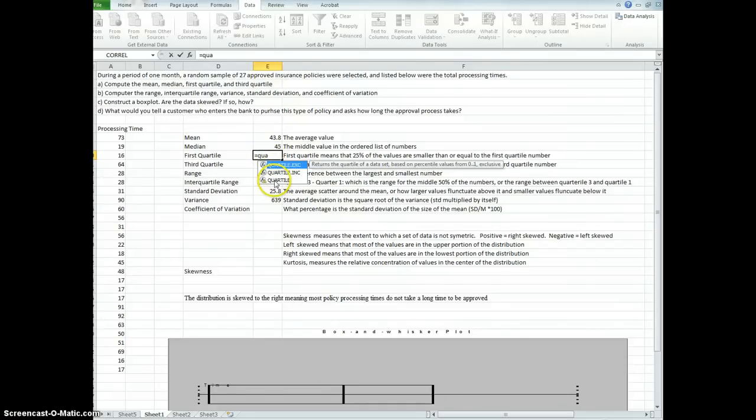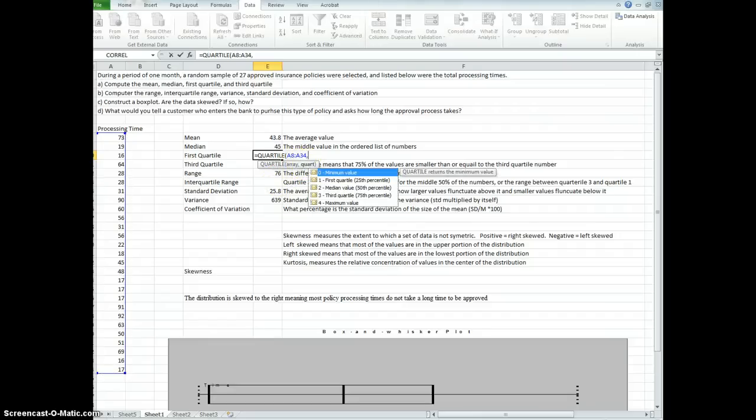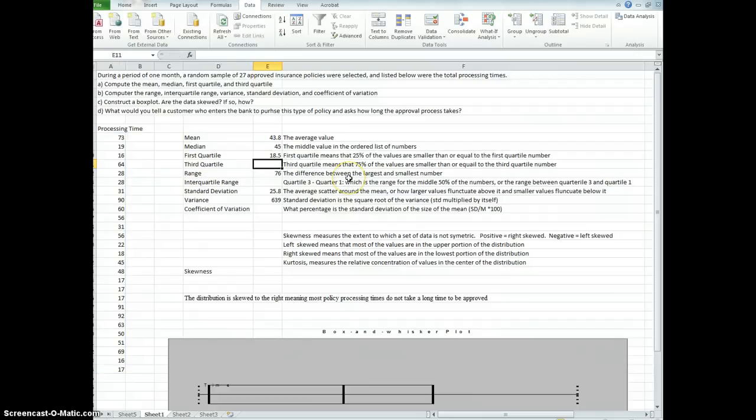Now make sure that you just select quartile, double click it, select your data. Now that's our array. Now we need to put our quartile number, so you're going to click comma, and the quartile options are going to appear. So you'll click first quartile, double click it, close parentheses, input. So our first quartile is 18.5, meaning 25% of the values are equal to or smaller than 18.5.